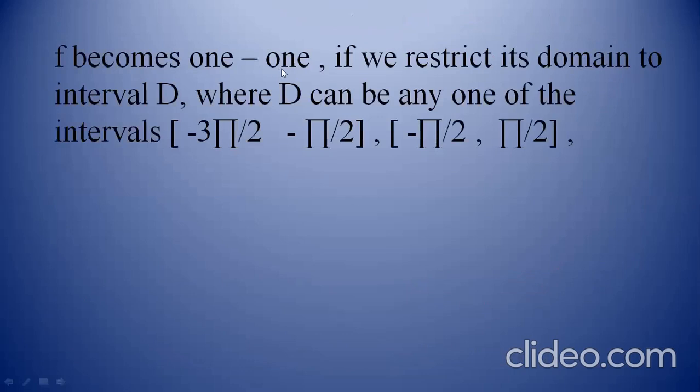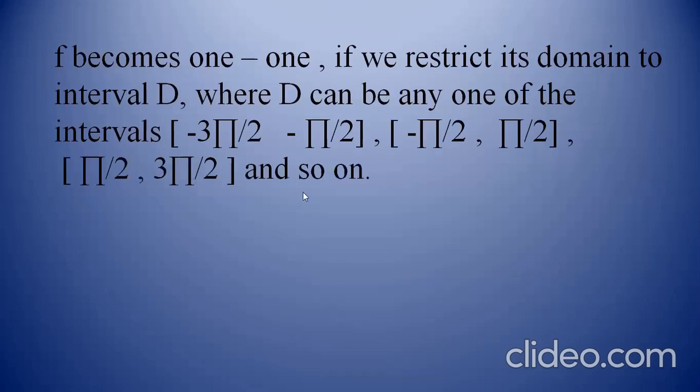So now we can easily locate that if we restrict its domain to an interval, it is denoted by D. So D may be any one of the closed intervals minus 3 pi by 2 to minus pi by 2, minus pi by 2 to pi by 2, pi by 2 to 3 pi by 2, and so on.